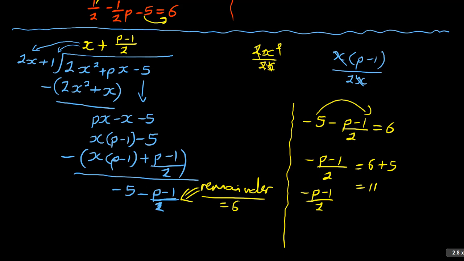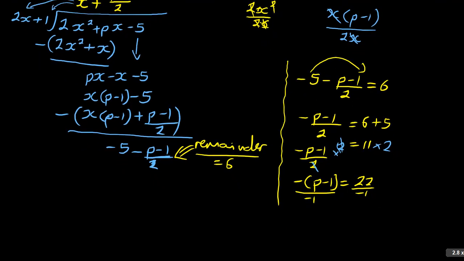So for me to solve for p, I multiply by 2 on both sides so that I can cancel that. Then I'll have minus, in brackets, p minus 1 is equal to 22, which means I can divide by negative 1 on both sides. I will have that p minus 1 is equal to negative 22, and then p is negative 22 plus 1.